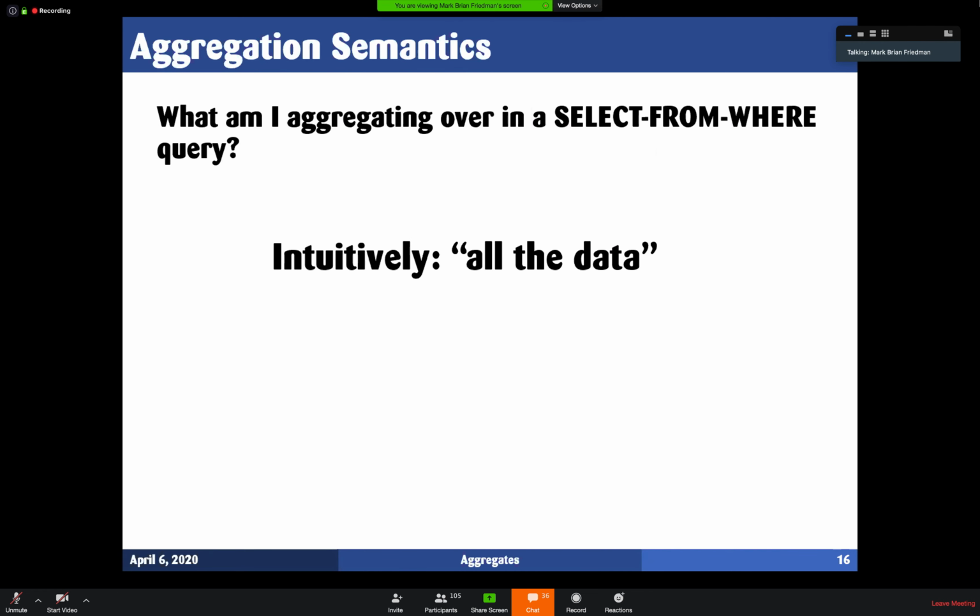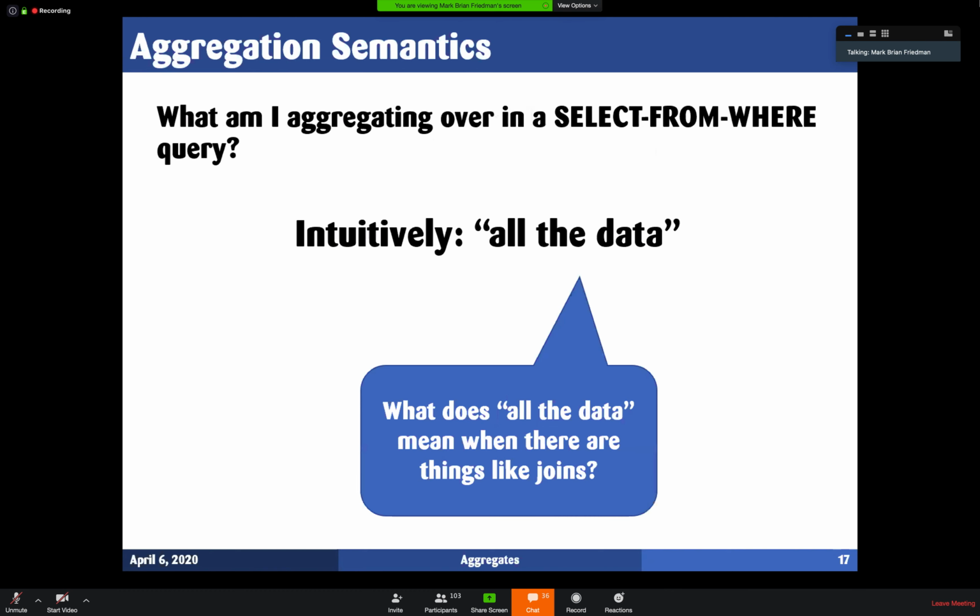But it turns out when you're using these aggregation functions, and this applies wherever you use some kind of aggregation function, no matter what programming environment you're in, it sometimes matters where or how you're doing it. So we're going to look at an example of that. Intuitively, you want to do the aggregation across all the data, but that becomes problematic once there are things like joins. So we'll look at an example of that.